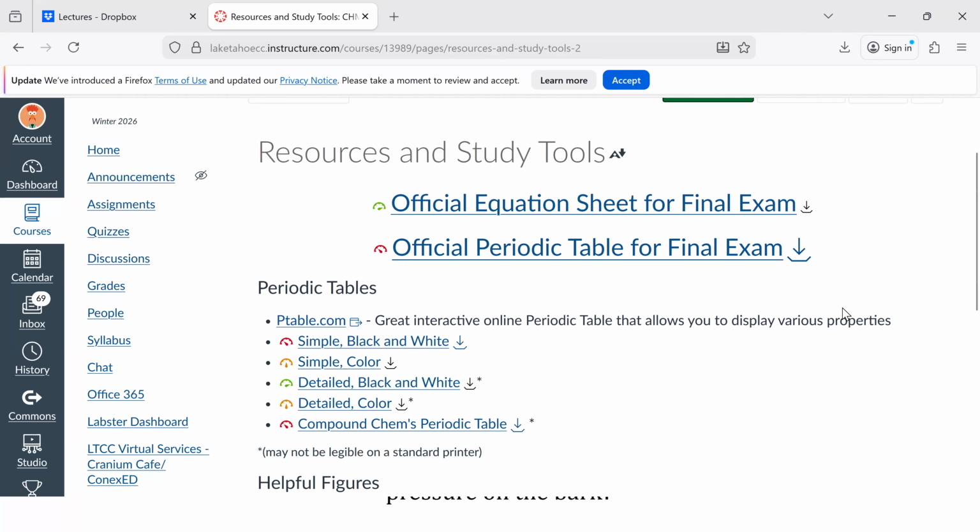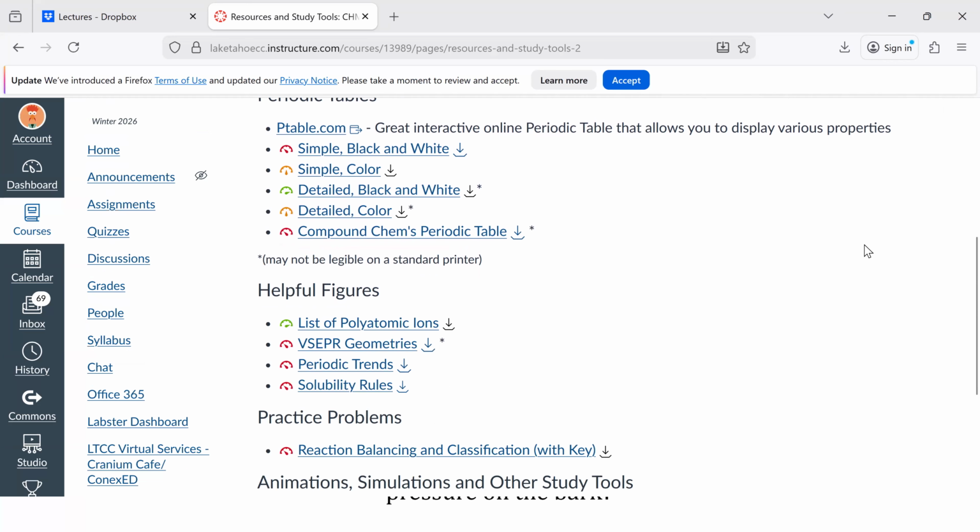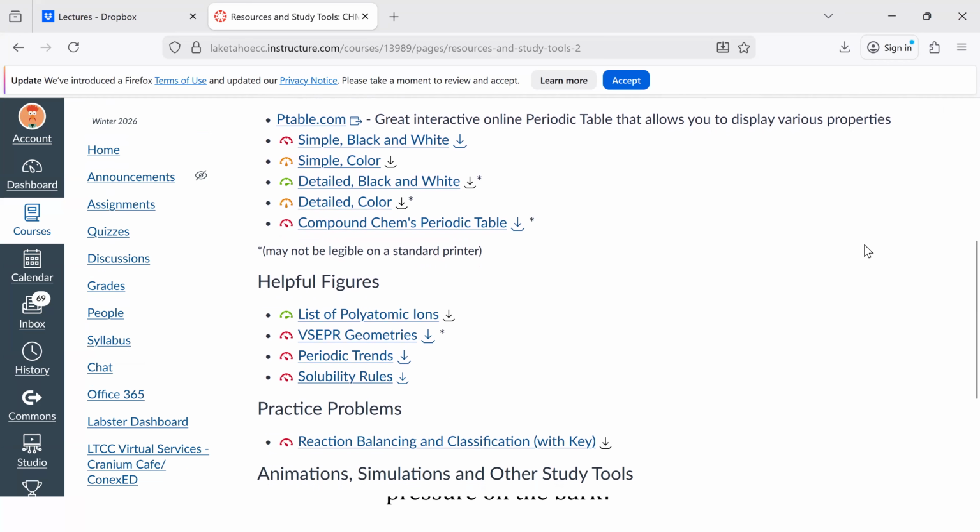There's other random stuff here, other versions of the periodic table. We'll talk about the periodic table starting this week, as well as some other things that will become more useful as we get closer. You don't know what VSEPR geometries are yet, so that's not all that relevant. Same with polyatomic ions. We'll get there, and then some of these other handouts will make more sense.